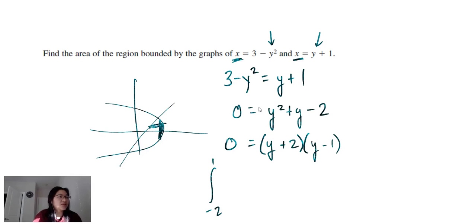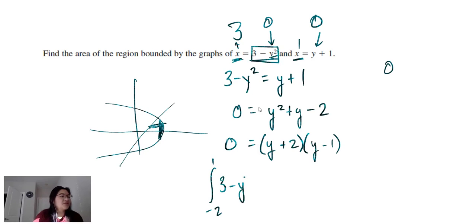And what's further to the right? Well, what's between negative 2 and 1 that's easy to plug in? I would say 0. So plug in 0 there and there, and what do we get? 3 and 1. So this function, 3 minus y squared, is the greater function.